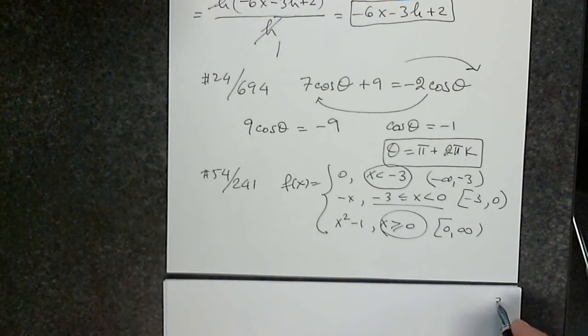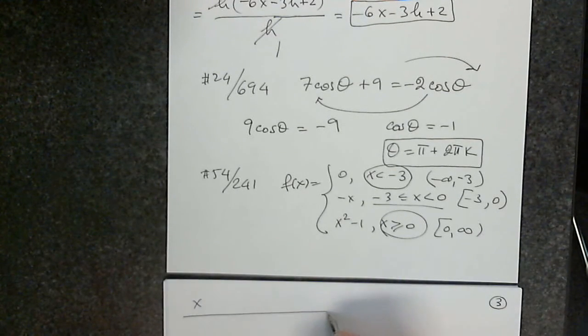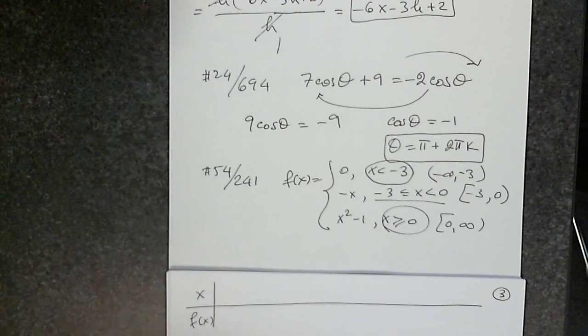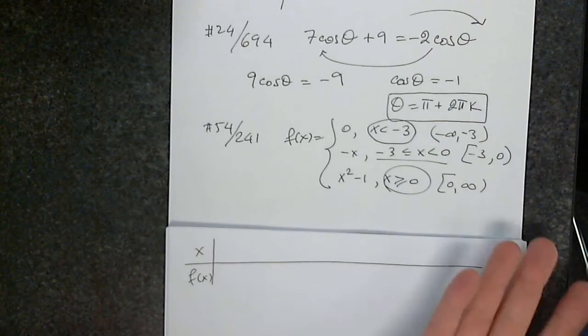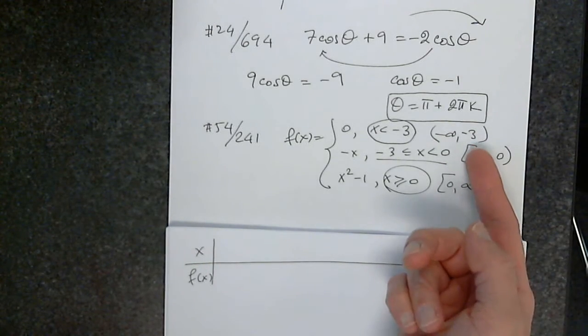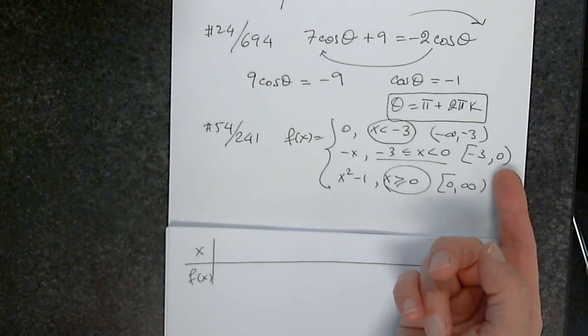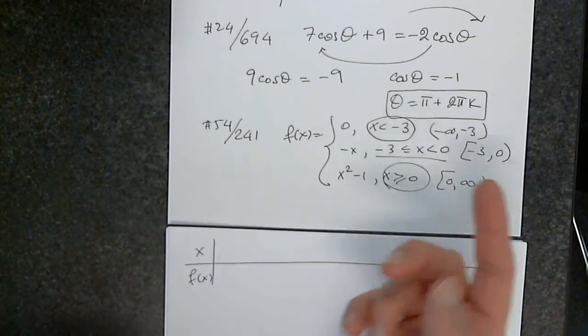Now I can identify the domain. Can anyone tell us what is the domain of this function? Of course, nothing is missing, right? Negative infinity to negative 3, including negative 3 and 0, including 0 and infinity.